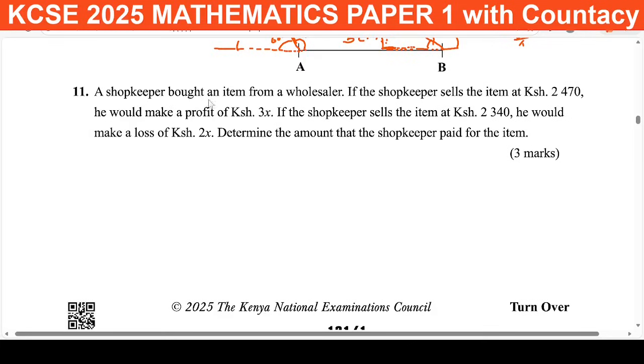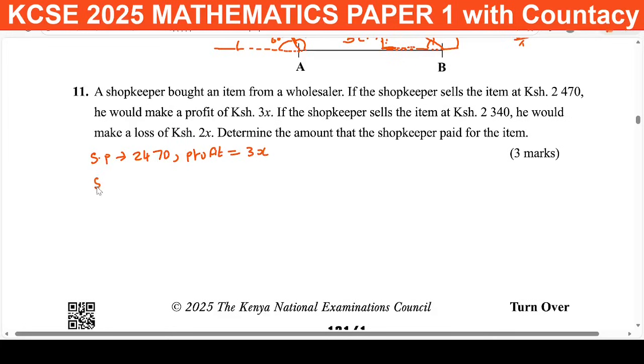So if the shopkeeper sells the item at this amount, therefore that would imply that this would be the selling price of this item. If then the selling price of the item is 24.70, he would make a profit of 3x.